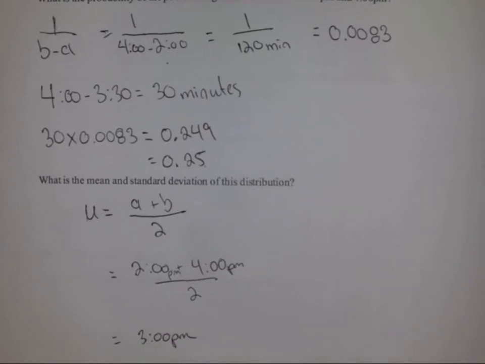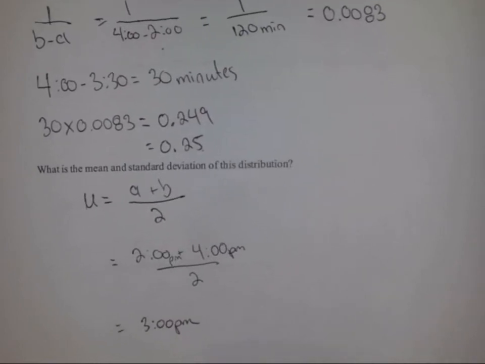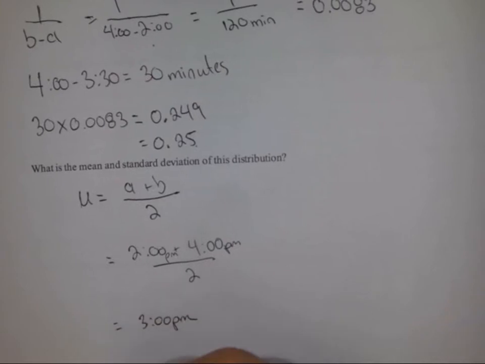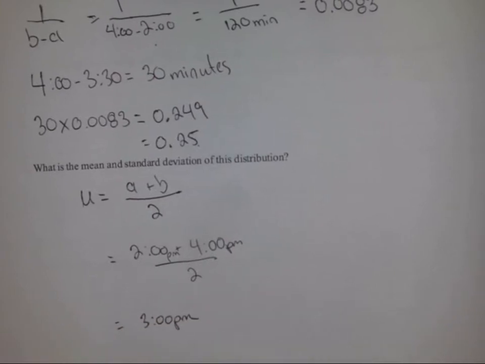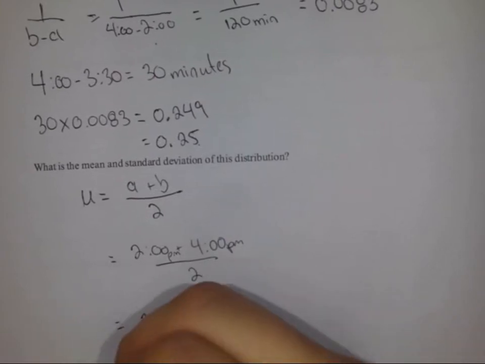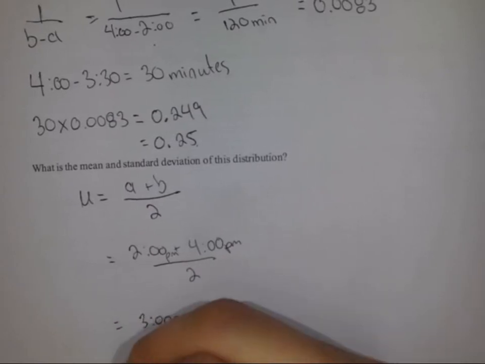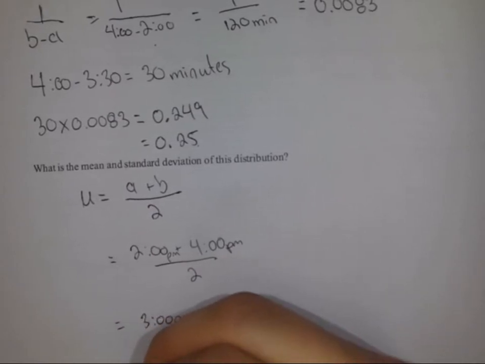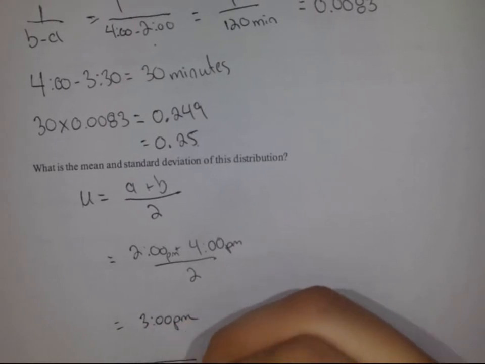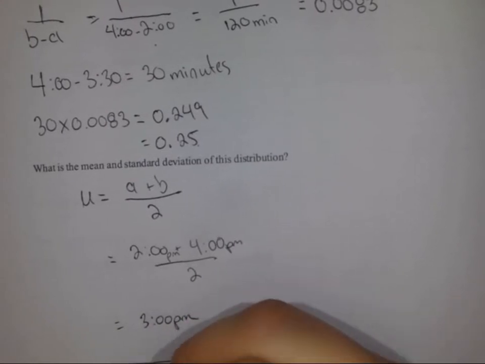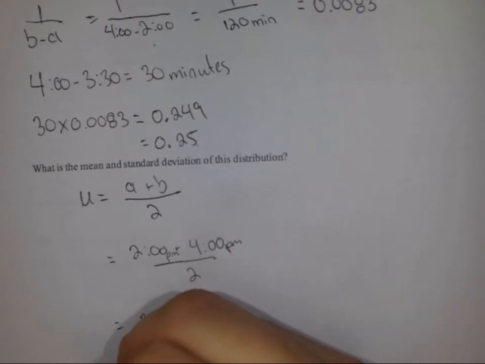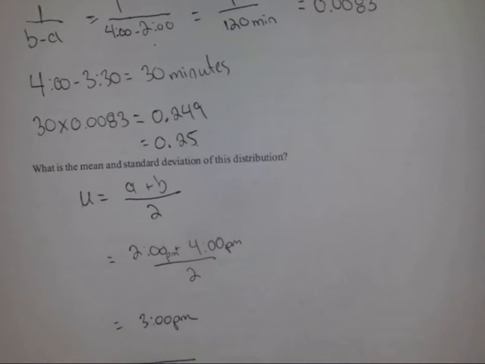When we have a look at our standard deviation, we can use the formula: square root of (b minus a) squared divided by 12.